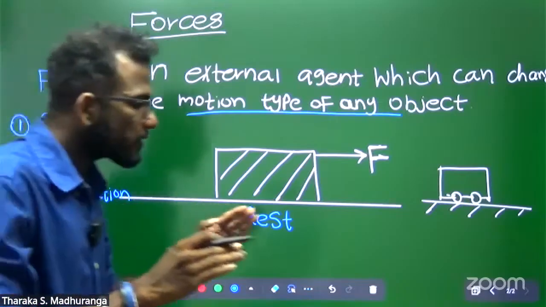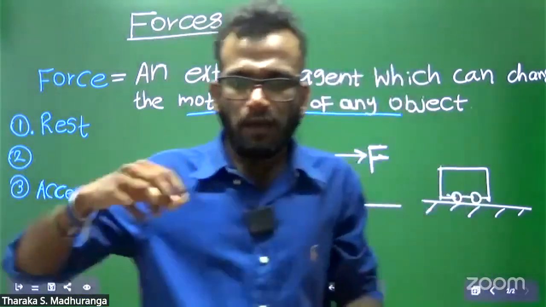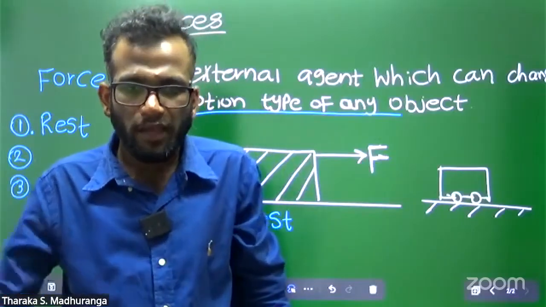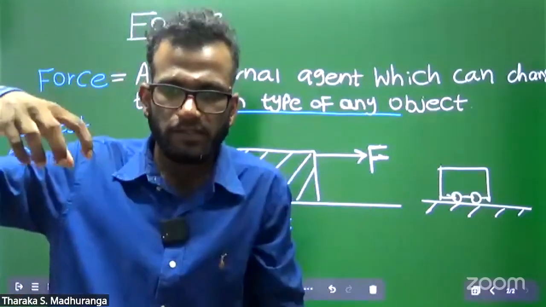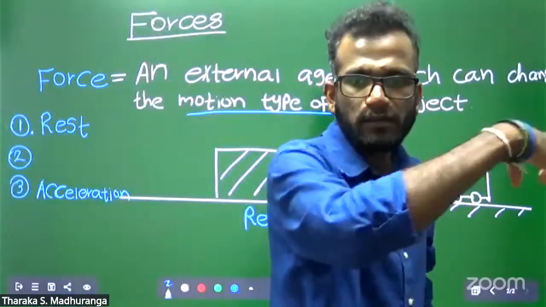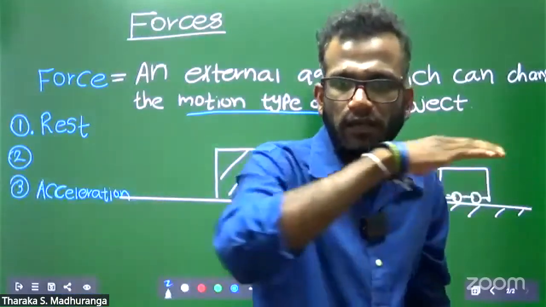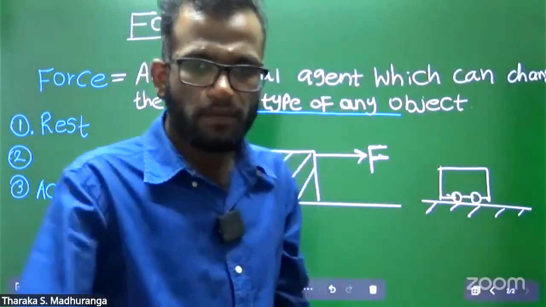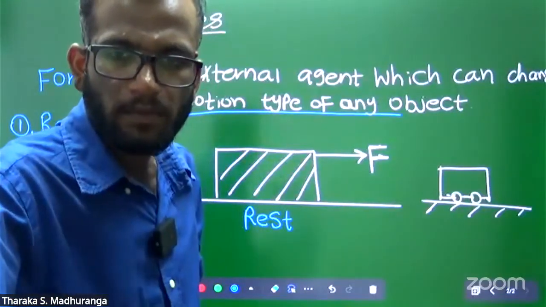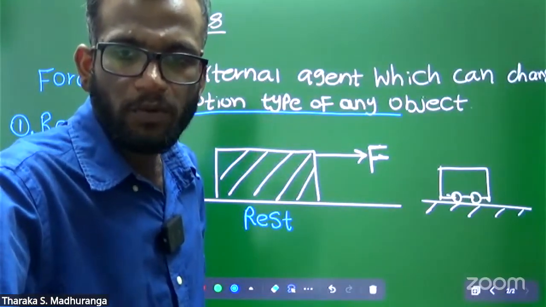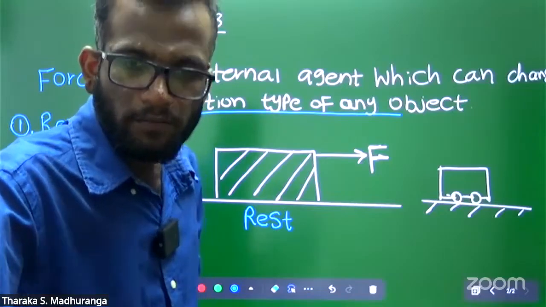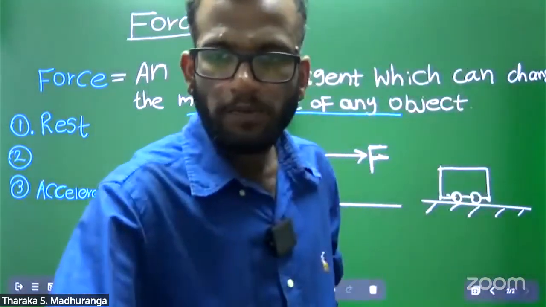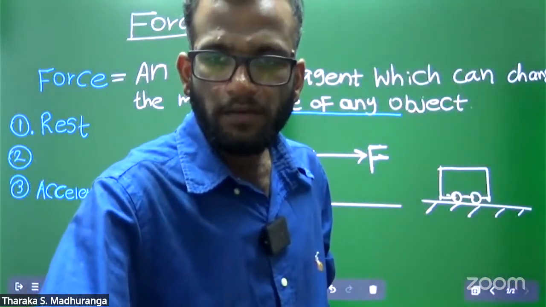After that, think this bus enters the highway, the expressway. Then the bus is traveling with the same speed. What is this motion type called? Very good.